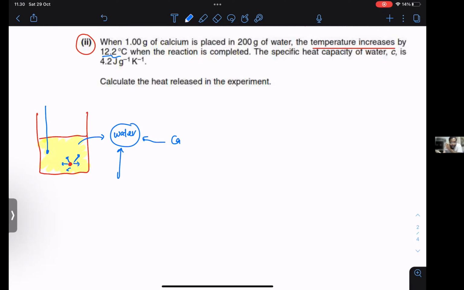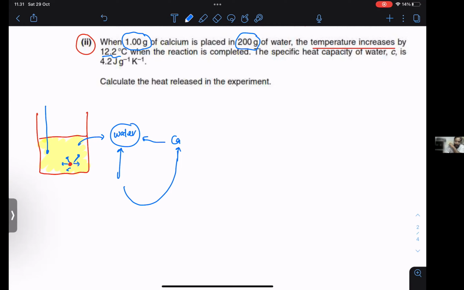Once I get that, then I will recalculate to come back to calcium. This is very important because students will get confused. Why do we have the mass of calcium and the mass of water, yet in the end we still use the mass of water only? Why not both? The answer is because we are assuming everything goes into the water. We calculate for water, then later we calculate for calcium.